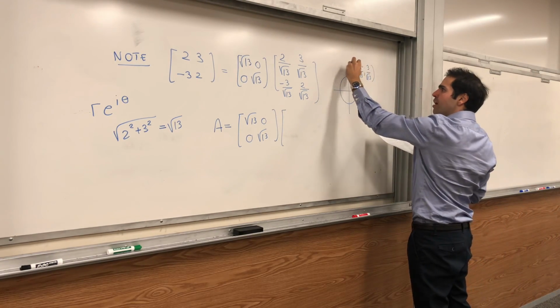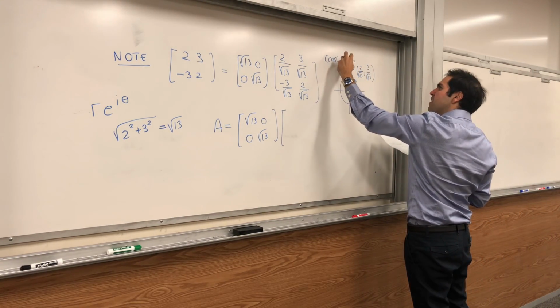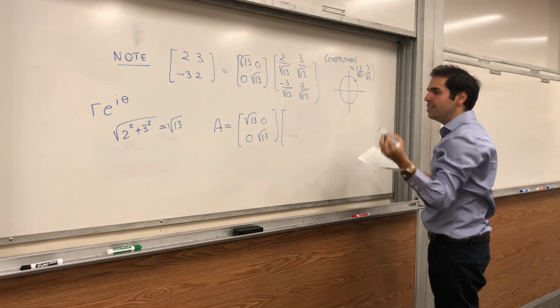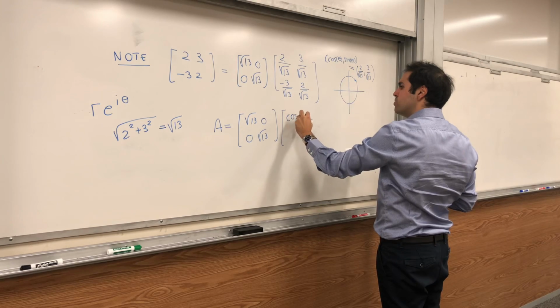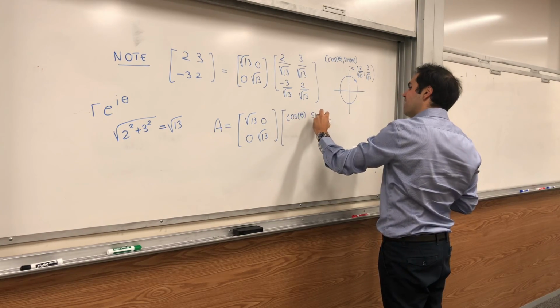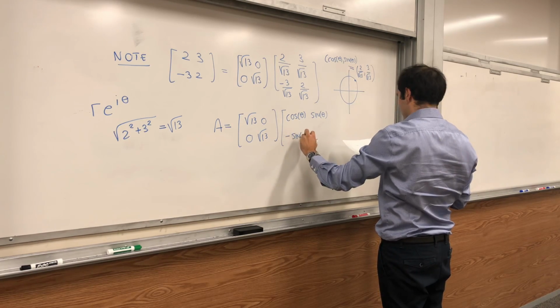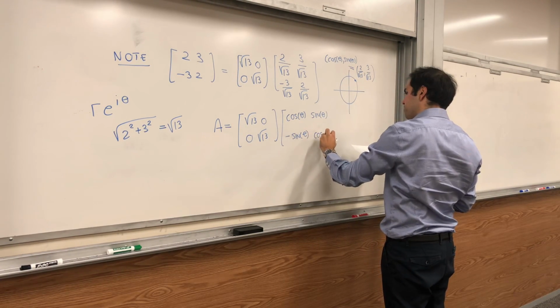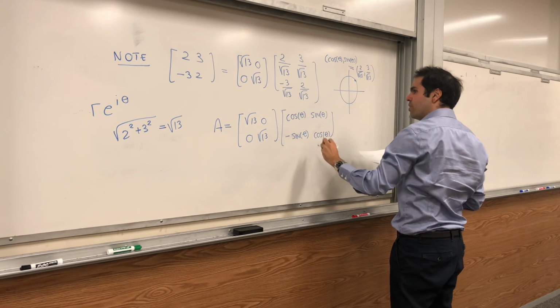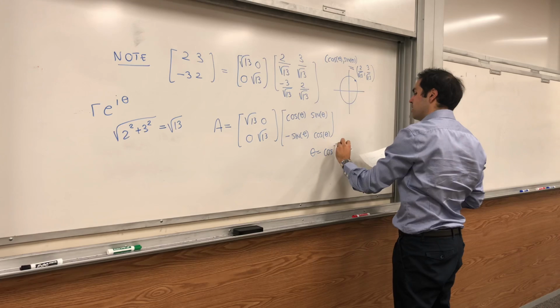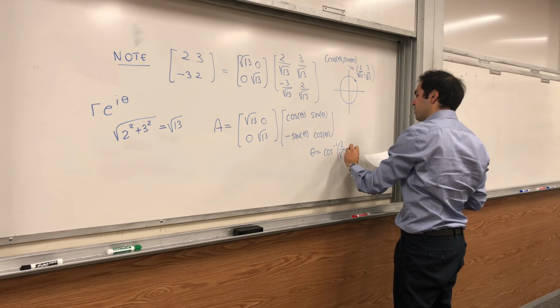So you can write it in terms of cosine theta, sine theta. And indeed, it is equal to cosine theta, sine theta, minus sine theta, cosine theta, where theta is just arc cosine of 2 over square root of 13.